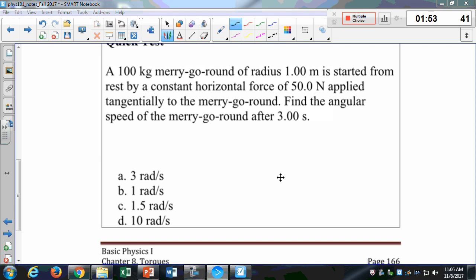23 people. Feel free to ask your neighbor what they put, okay? Or how they're approaching the problem.